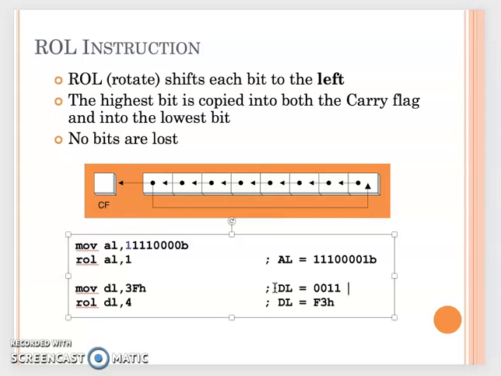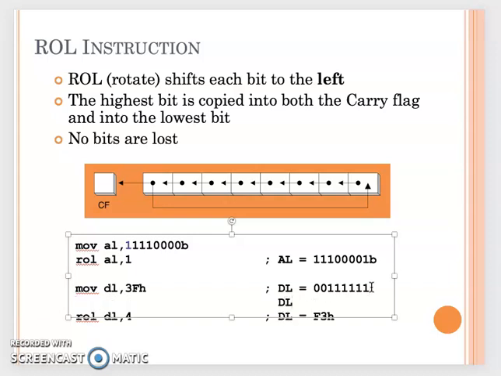Then F means all 4 bits are 1. Then if we rotate every 4 bits, you will see what they become.